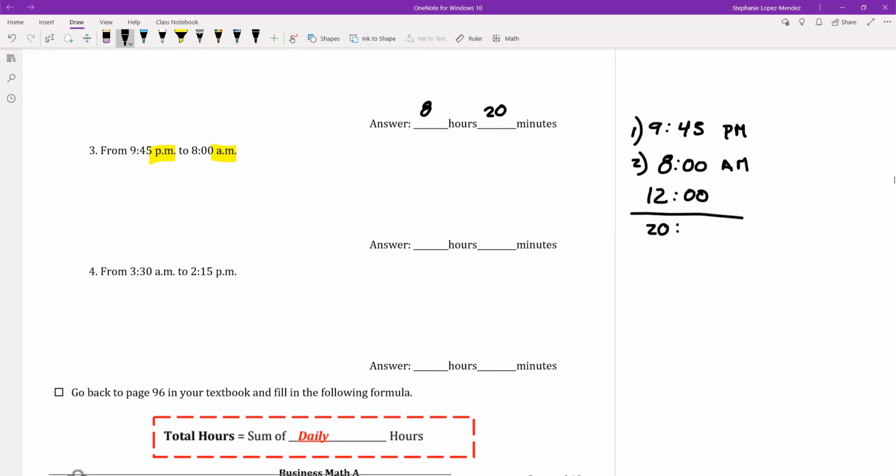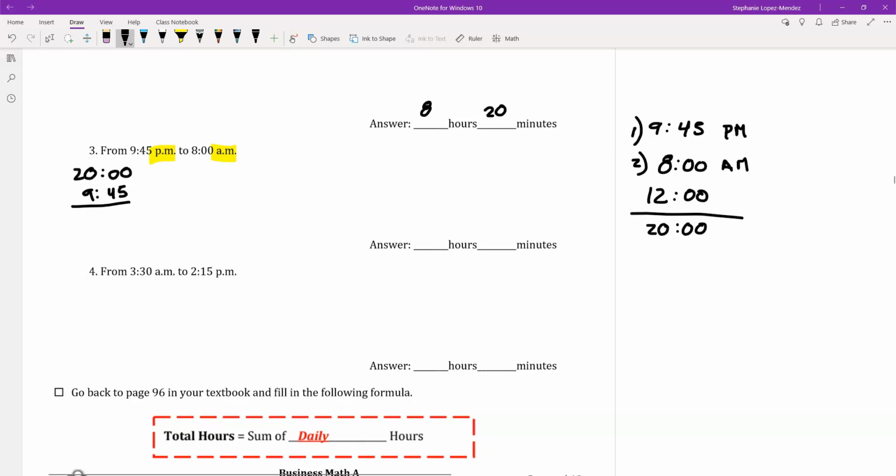And 0 plus 0 is still 0. So 20 hours. So now I go ahead and write first the 20 hours, since that's my biggest time, and then I write 9:45. Now, of course, we need to check if 20 is greater than 9, and that is correct. But 0 is not greater than 45.